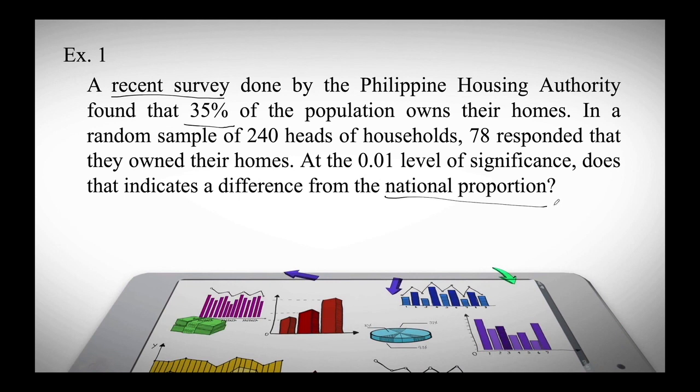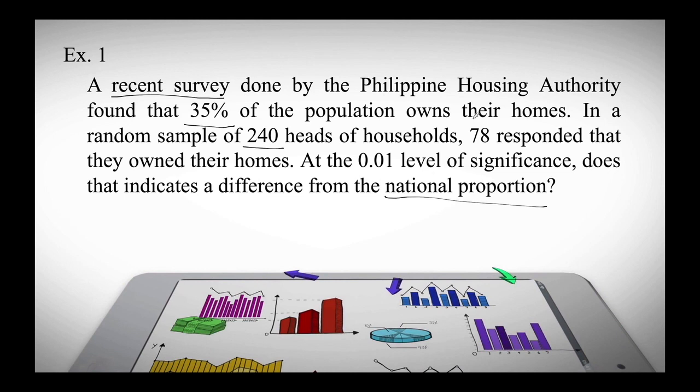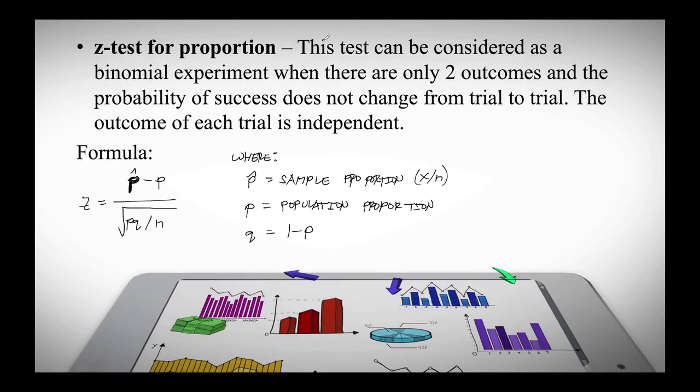Next, we have the second given. Let's go back to our problem. In a random sample of 240 heads, so 240 will be N, and X is 78. Sir, we did not have an X in our variables at the start. Actually we do: X is the point of interest.